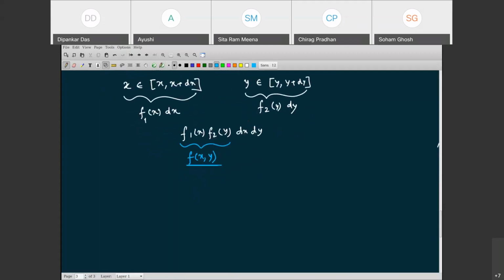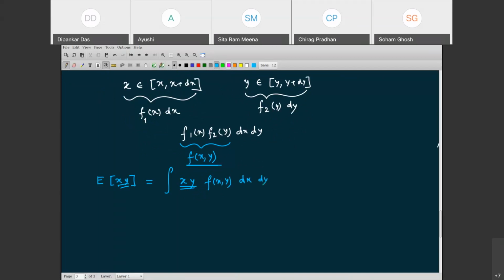If that happens, then if you calculate the expectation value of xy, that will be given by the integration of xy times f(x,y), the distribution function, dx dy.